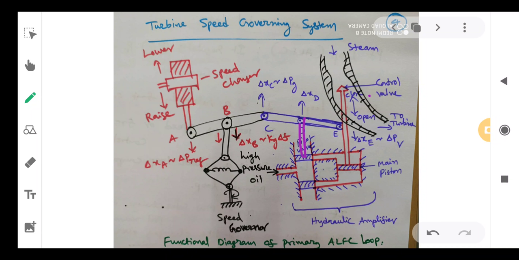These balls move outwards and inwards based on speed variations. Here a hydraulic amplifier is used to convert the low power piston valve movement into high power main valve movement.